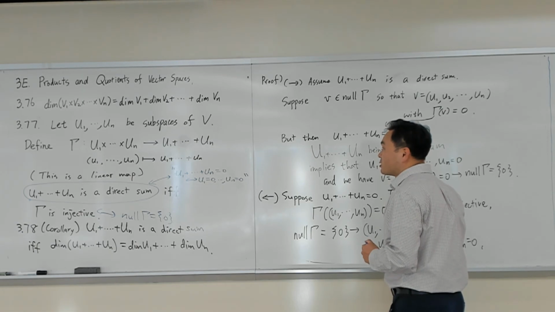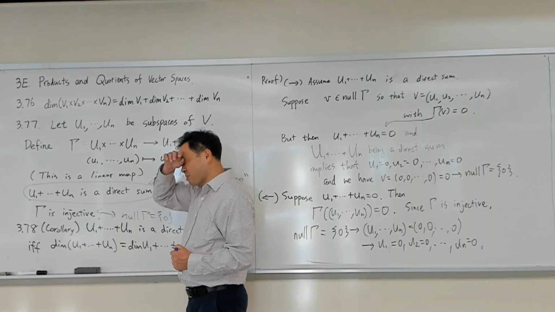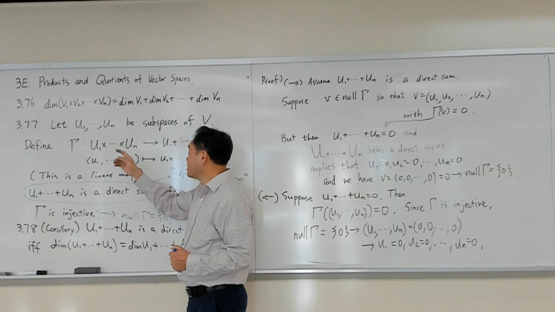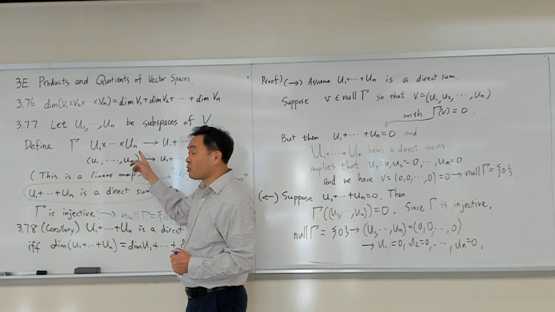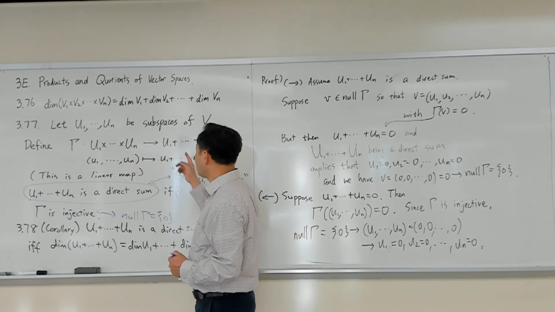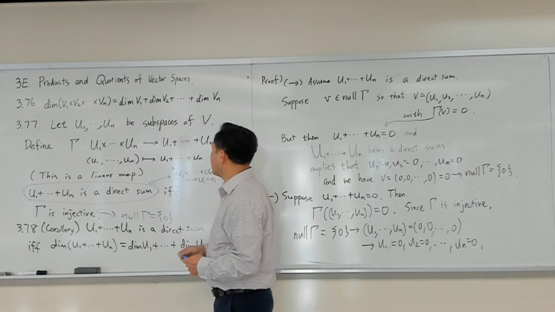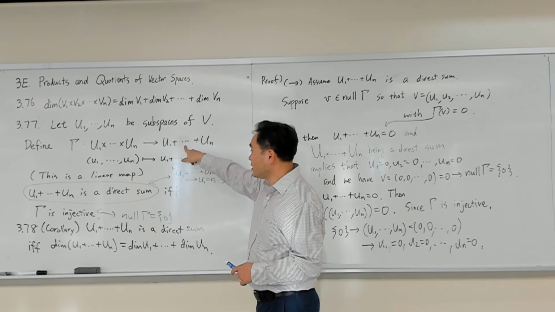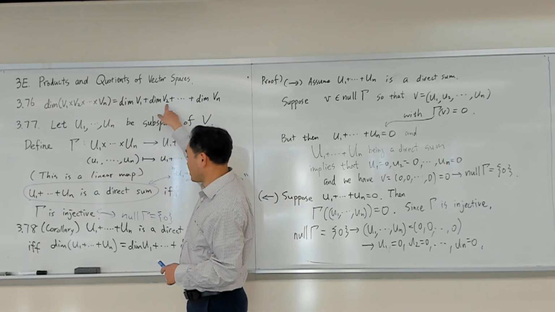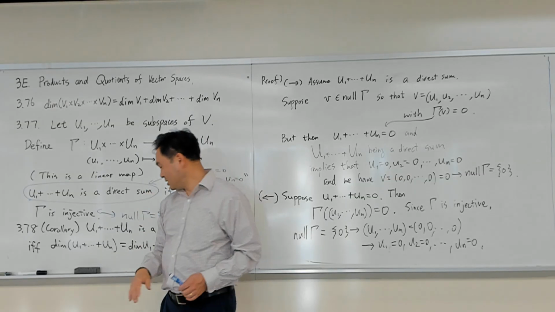Surjective is because, well, if I use the fundamental theorem of linear maps, then the dimension of this is equal to the dimension of the null space plus the range, right? And we know that the dimension is here, right? And therefore, that implies that the dimension of this guy is equal to the dimension of this, which is equal to that. That's how this direction is done. Okay? Should I write it down? Maybe I should write it down.